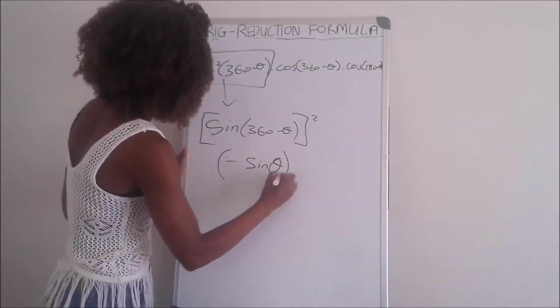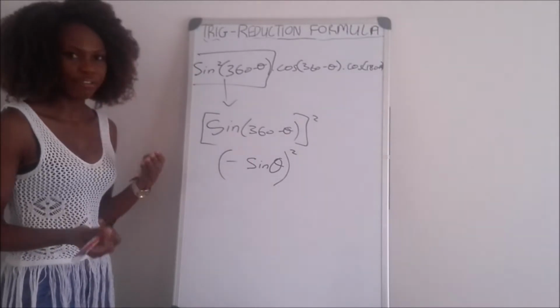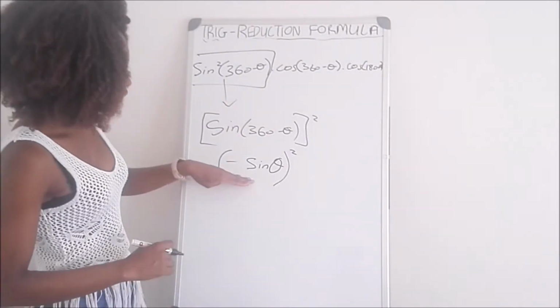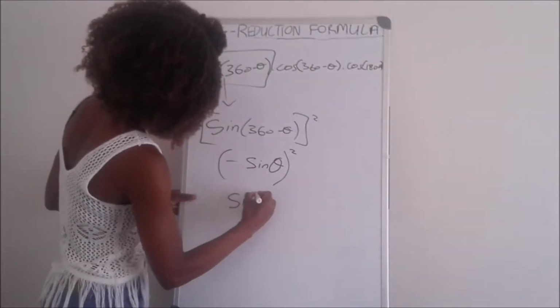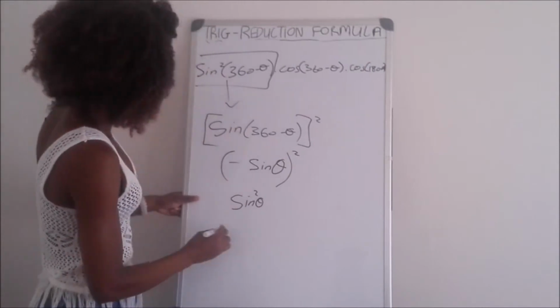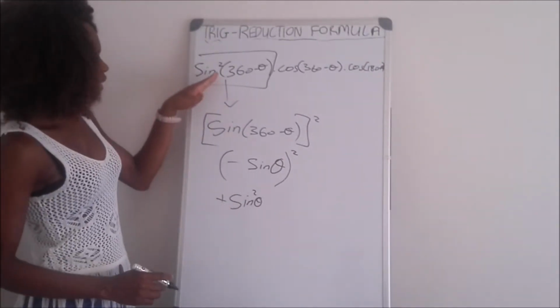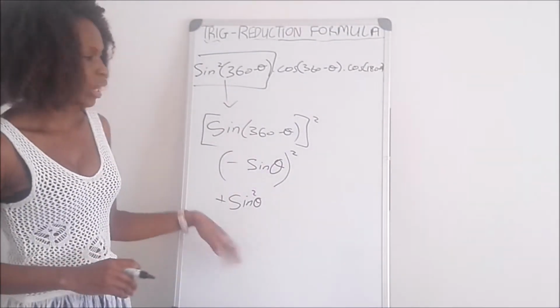And remember, we still have those brackets squared. Anything negative 1 squared will give you positive 1. Then negative sine theta squared will actually give you sine squared theta, positive. Alright, now that means that sine squared 360 minus theta, you have your answer as sine squared theta.